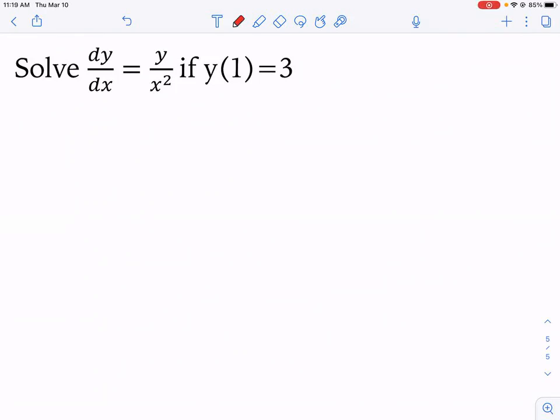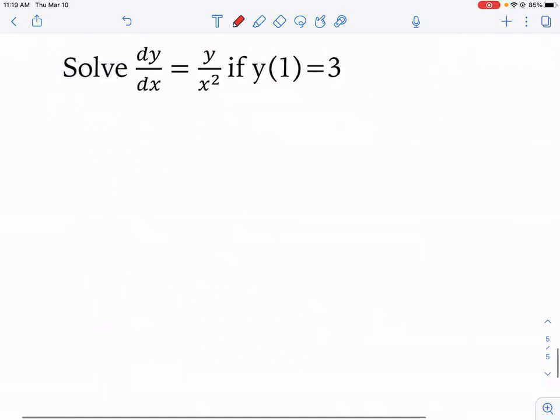We cannot cross multiply. Austin, when you separate the variables, what do you have? How about just 1 over x squared?